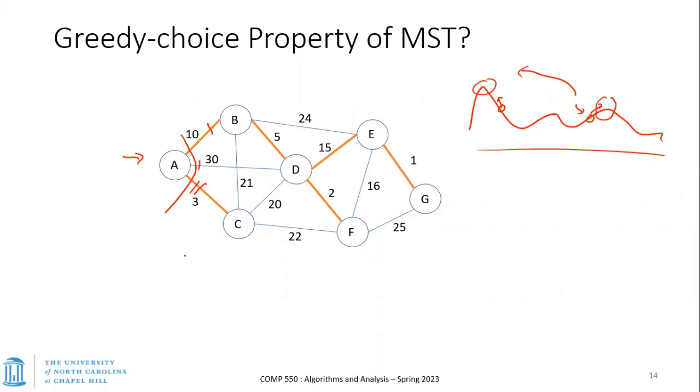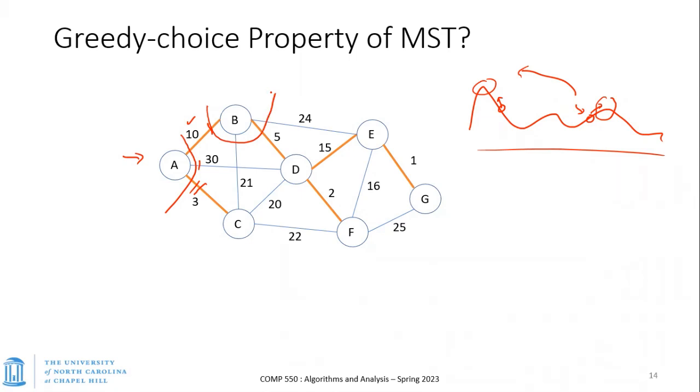Jane picked 3 because it seemed to be a locally optimal solution. But then you picked 10, and that didn't seem to be a locally optimal solution.